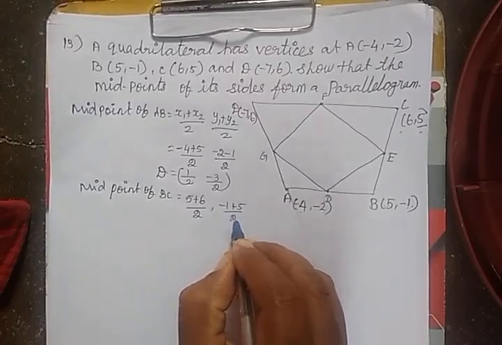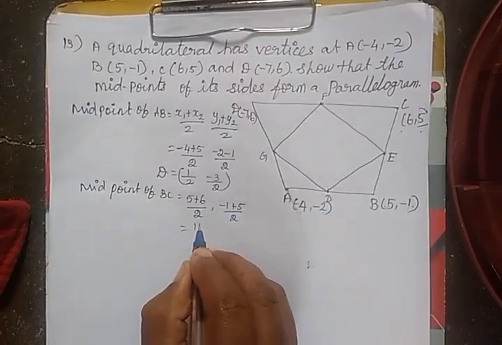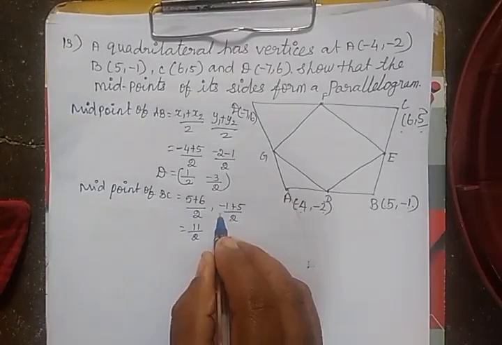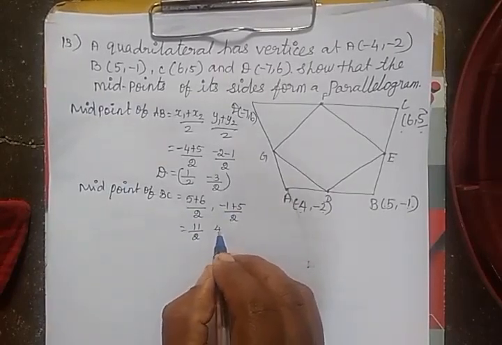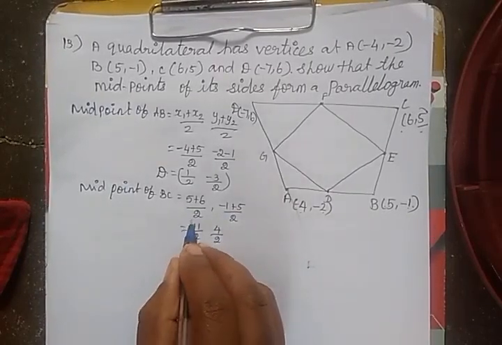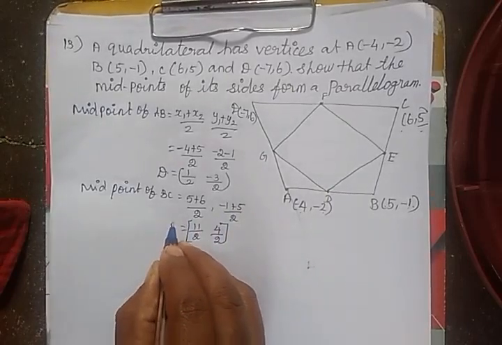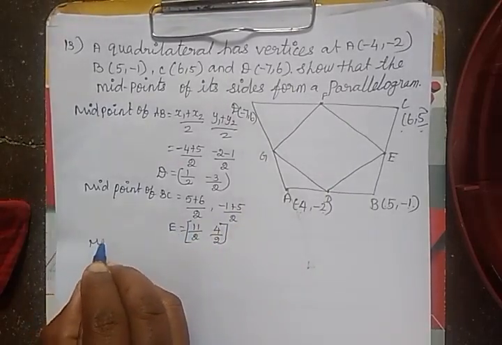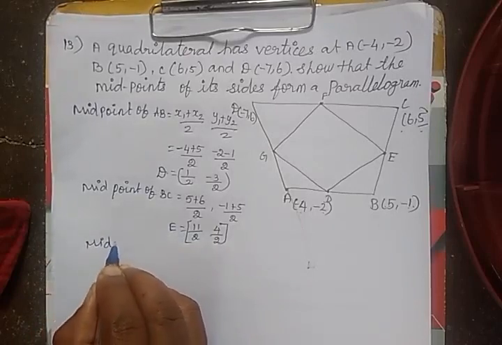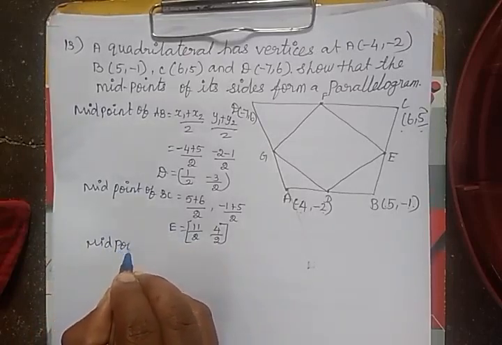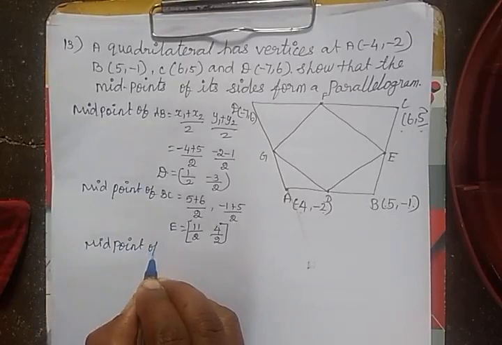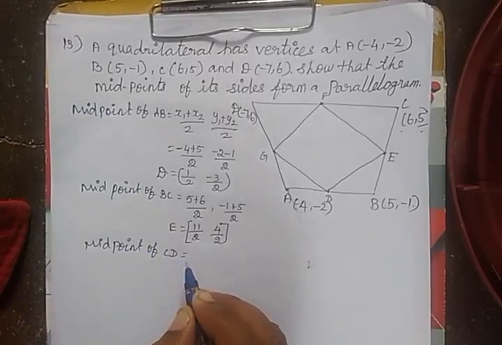So 5 plus 6, that is 11 by 2. Minus 1 plus 5, that is 4 by 2. So 11 by 2, 4 by 2, this is E. Next, midpoint of CD, that is F.